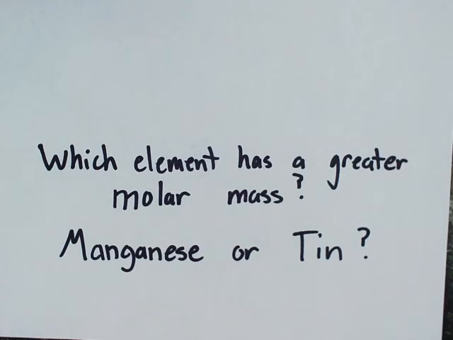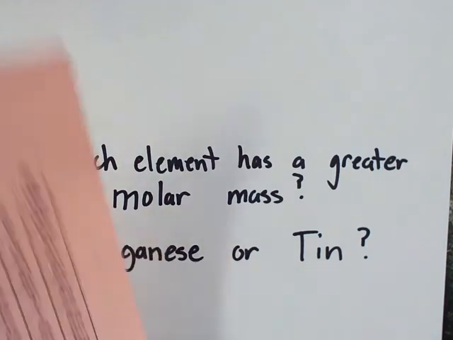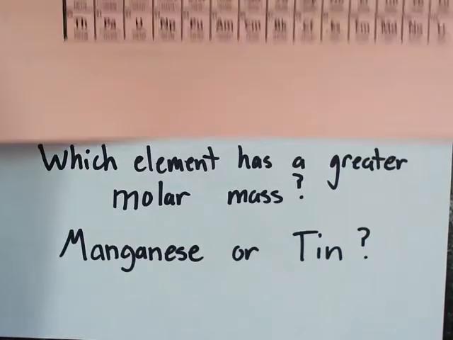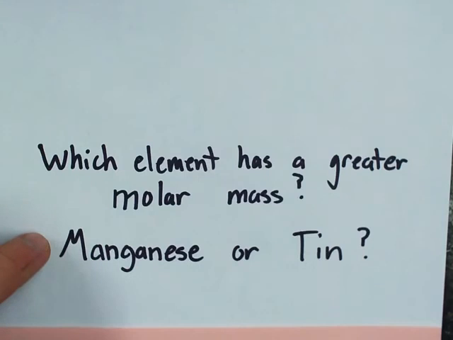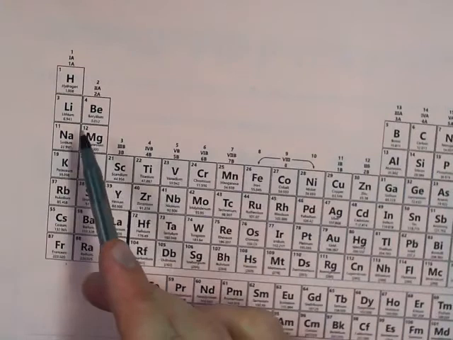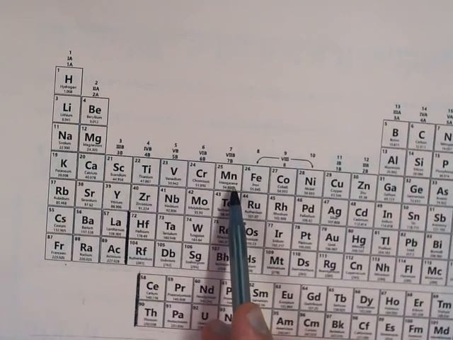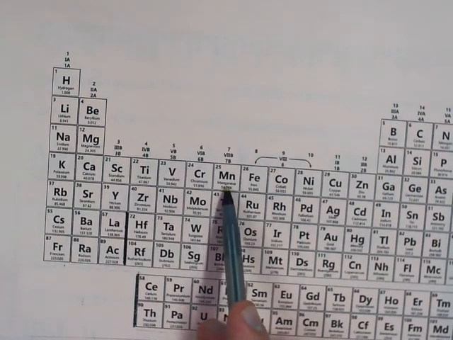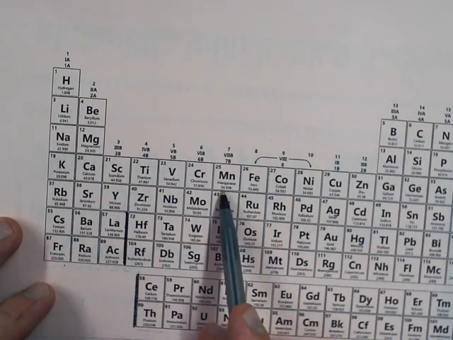So we're working with manganese and tin, and I want to find out which one has the greater molar mass. First things first, I've got to find manganese, and I'll read its molar mass right from the table. Manganese sounds kind of like magnesium, but manganese, Mn, is its own element.